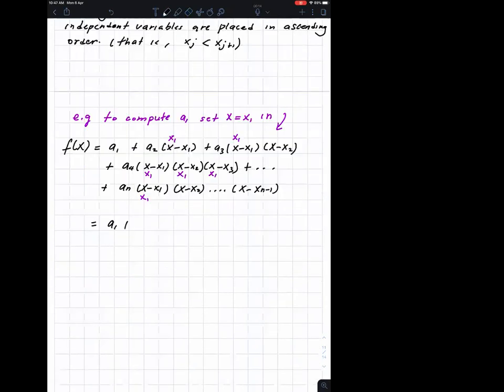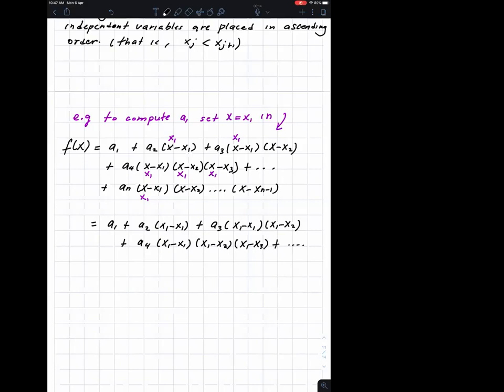A1 plus A2 (x1 minus x1) plus A3 (x1 minus x1)(x1 minus x2) plus A4 (x1 minus x1)(x1 minus x2)(x1 minus x3), plus it goes on.